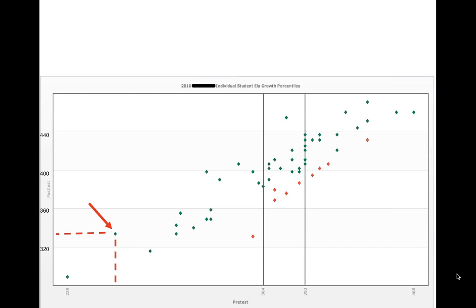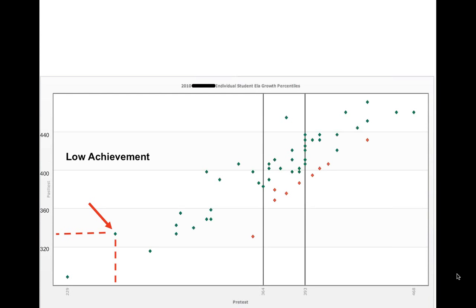All right, what you probably saw was there's a lot more green dots than red dots. In fact, there's 44 green dots in this scatter plot and only 9 red dots. What this means is that this teacher produced above average learning growth for 44 out of her 53 students. This teacher is producing learning growth for the vast majority of kids in her class.